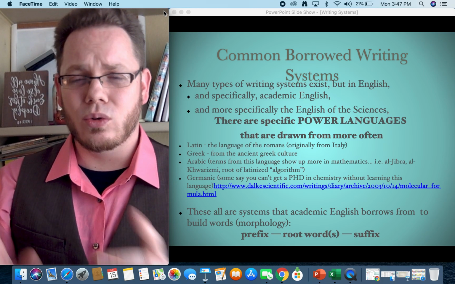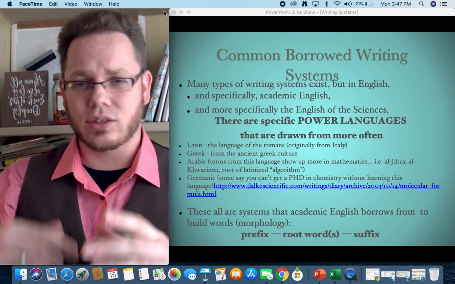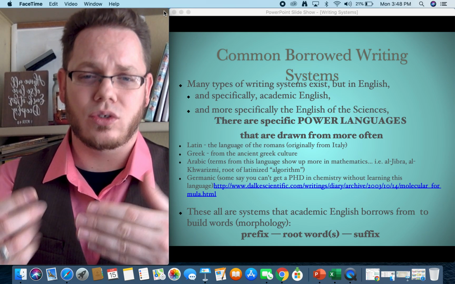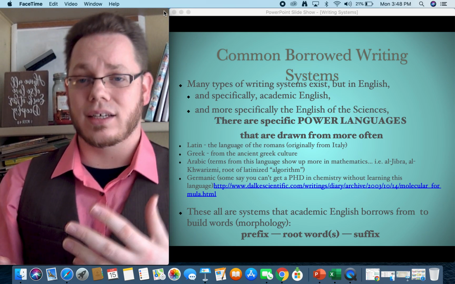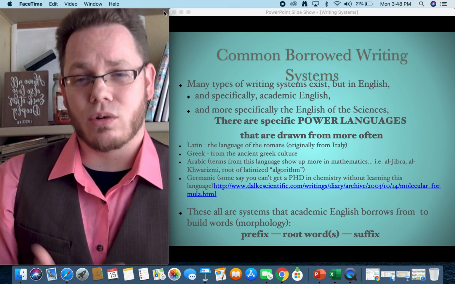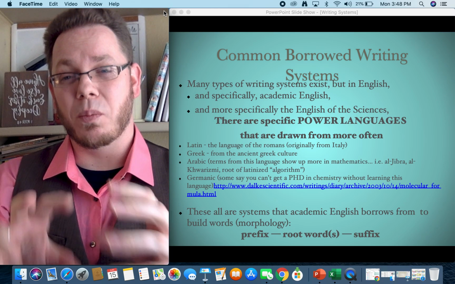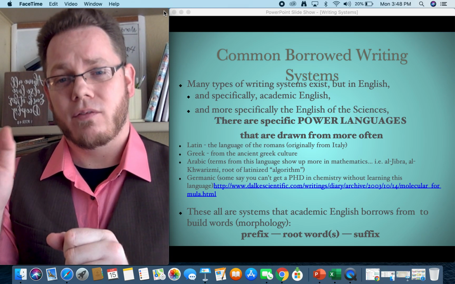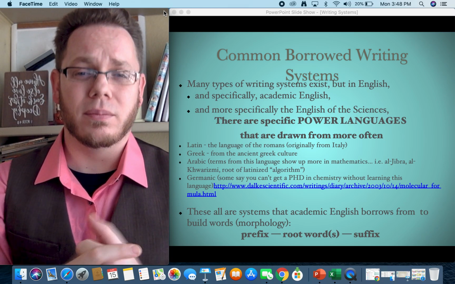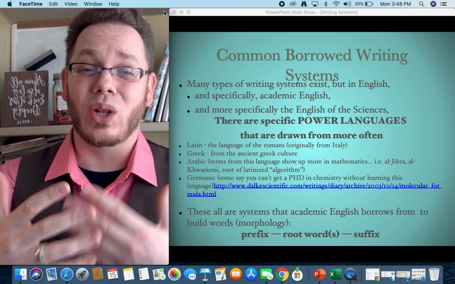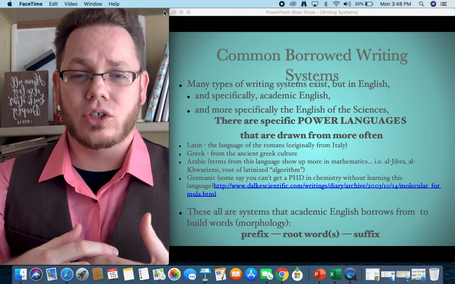That's one of the reasons why in high school, if you had an AP class, your instructor may have had you do some of those Latin root words, or if you did SAT prep. The reason those things are important for college prep is because so much of academic language is built on the root words that come from Latin and Greek. So that's important. And we also borrow a lot of terminology.